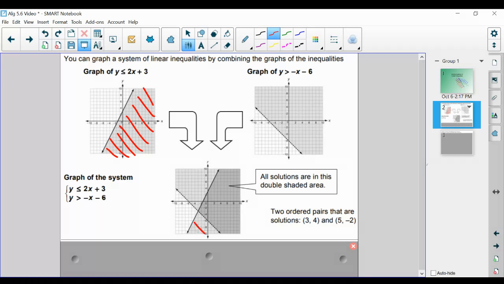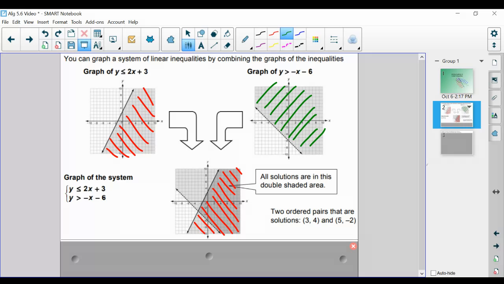So that would be in red. It would look something like this. And the shading of the second linear inequality, let's say it's in green, that would look right here. And as you can tell, we have that overlap. We're saying the overlap spot will represent solutions to the first linear inequality in red shading and the second linear inequality in green shading.